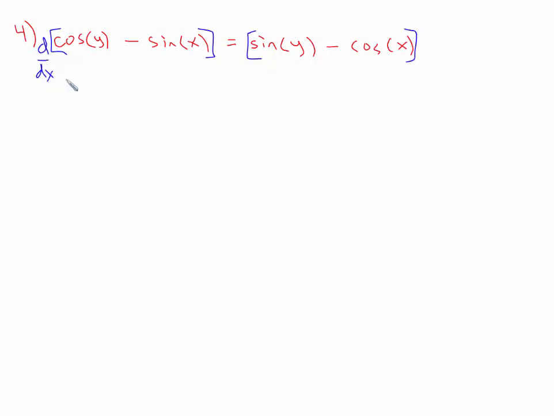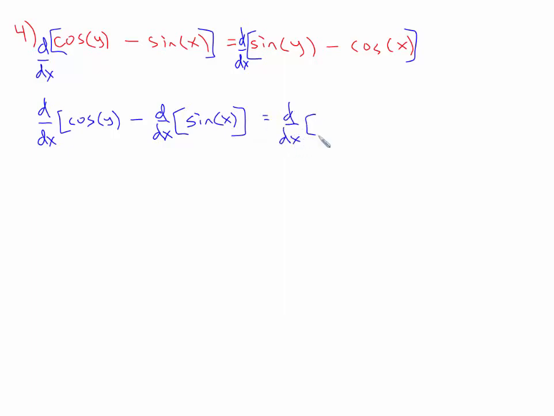So we end up with d/dx of cosine y minus d/dx of sine x is equal to the derivative with respect to x of sine y minus the derivative with respect to x of cosine x. So let's work these out.